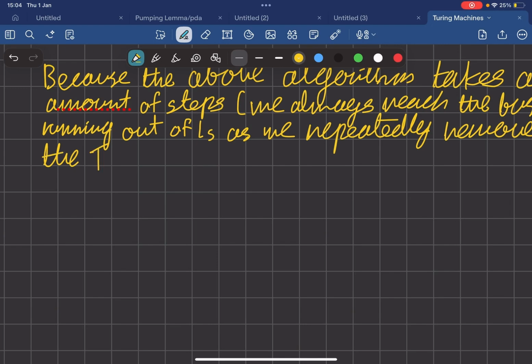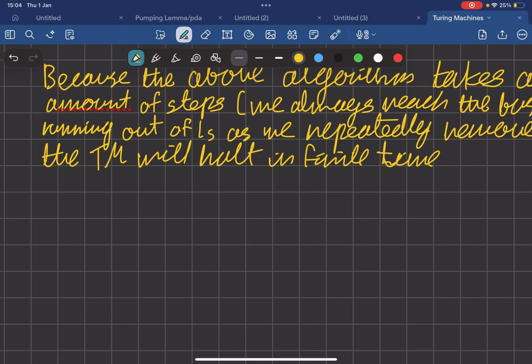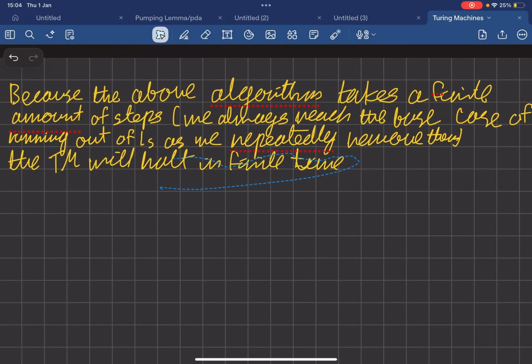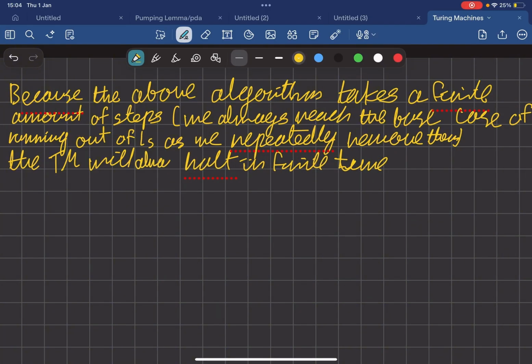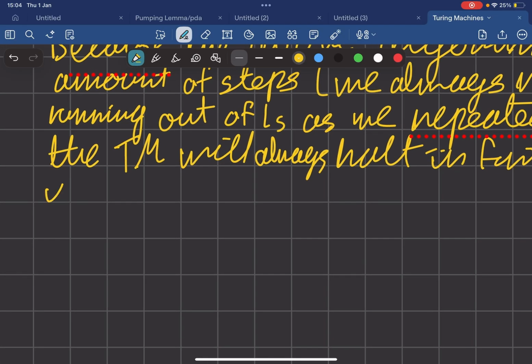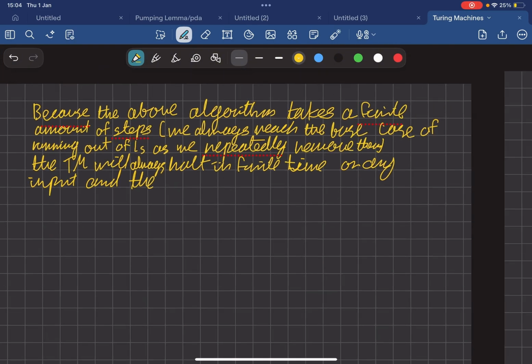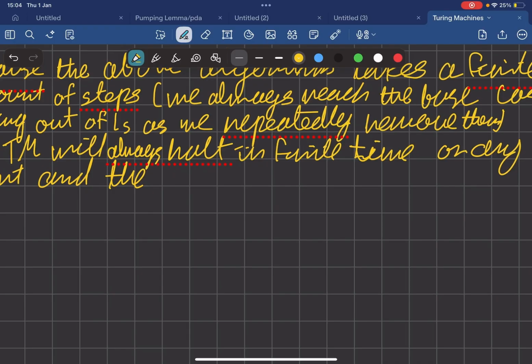So because it's a finite amount of steps, the Turing machine will halt in finite time, so it will always halt on any input, and the outputs of the response, like rejection or acceptance, will always be correct.